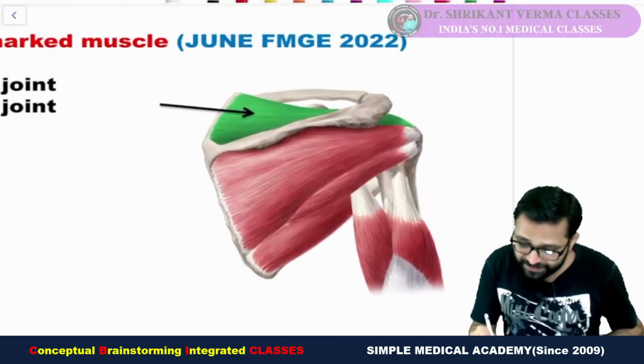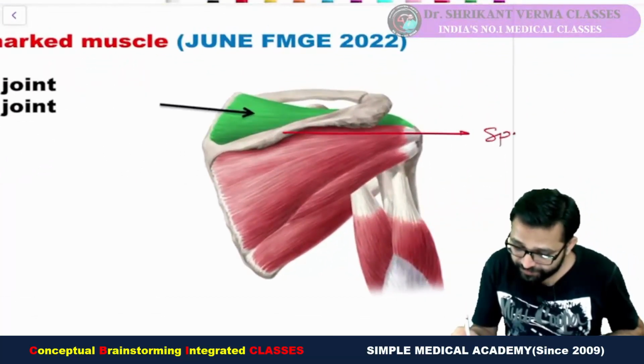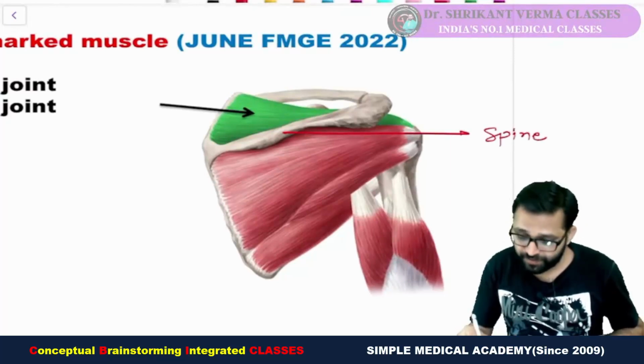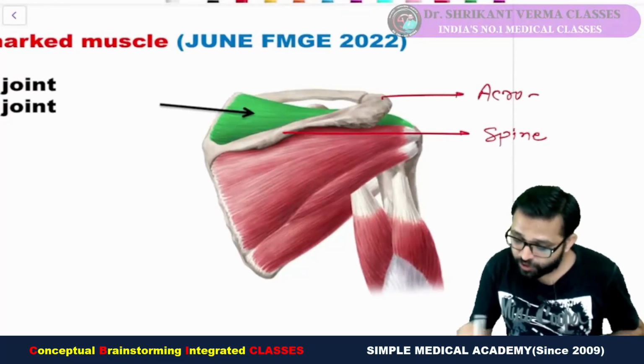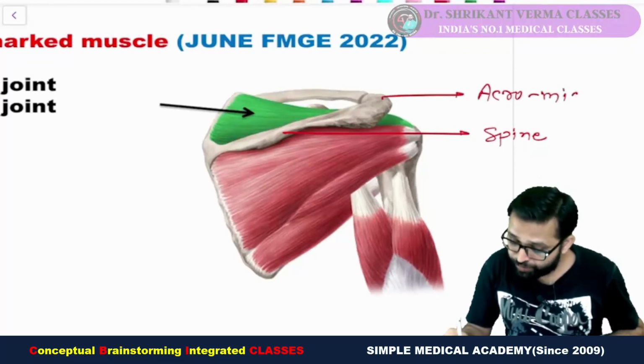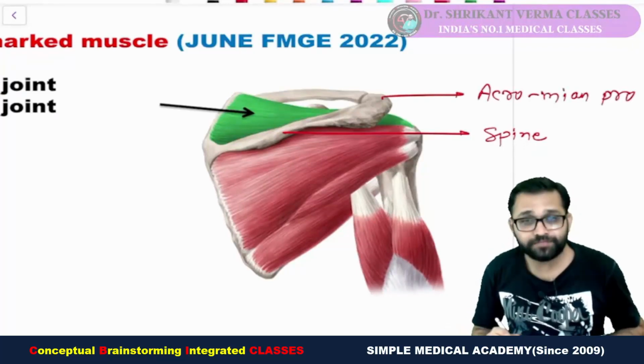See here, this is our spine of scapula. This is the topmost part, that's why this is the acromion process of the scapula.